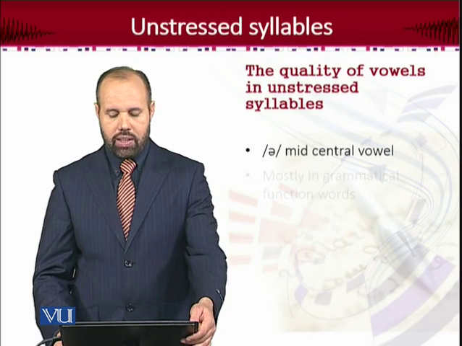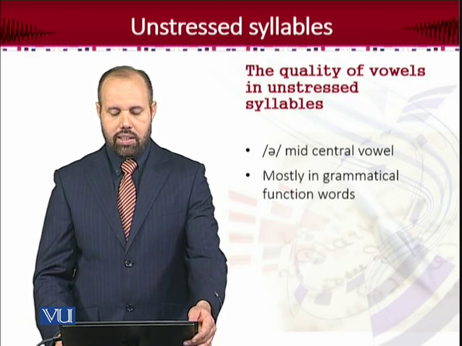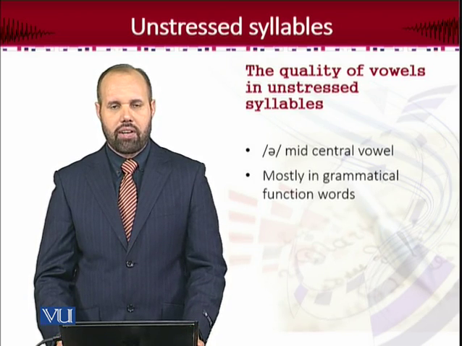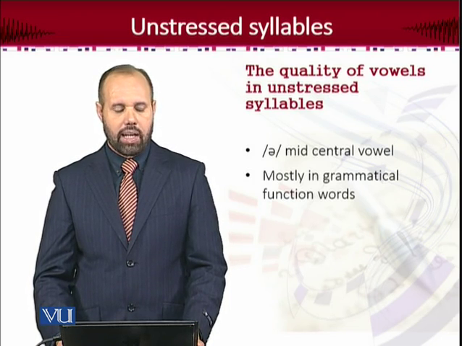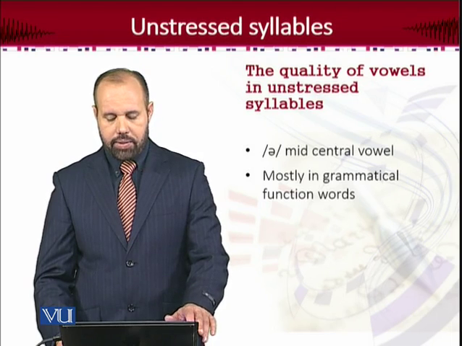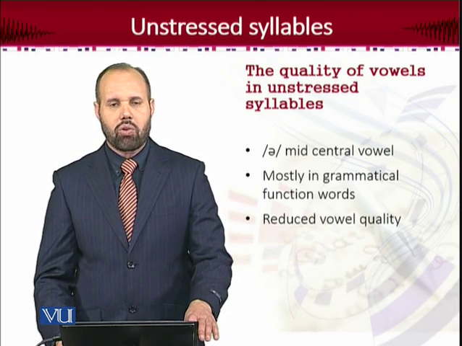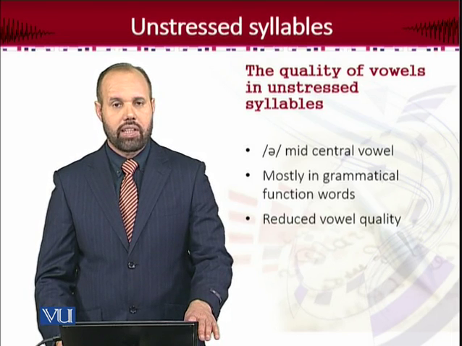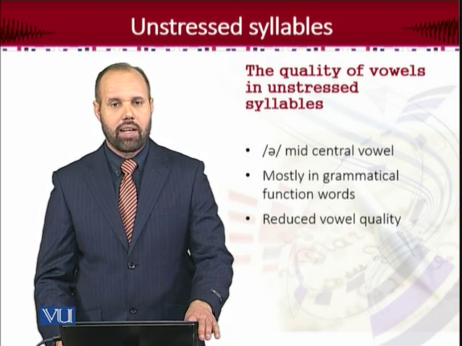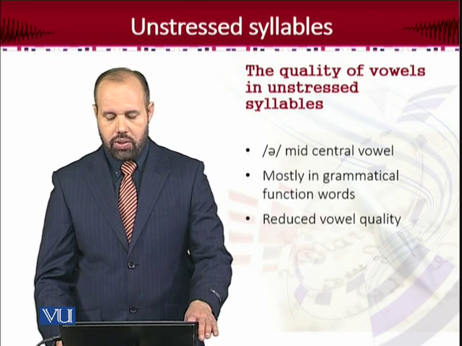The reduced form of the vowel, schwa, is mostly found in grammatical function words in connected speech. What is happening is that the quality of the vowel is reduced, weak, in reduced form.